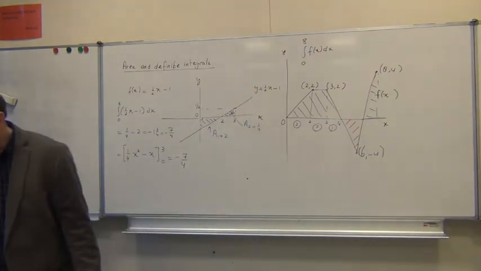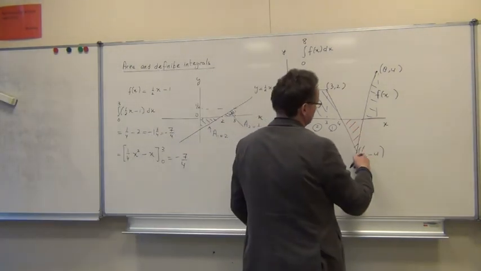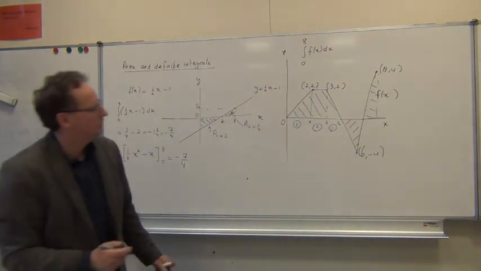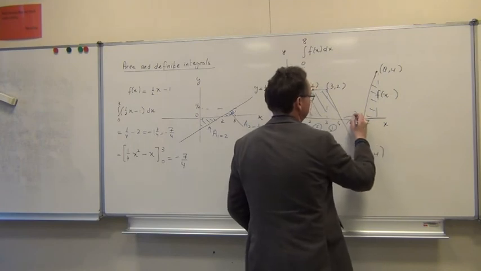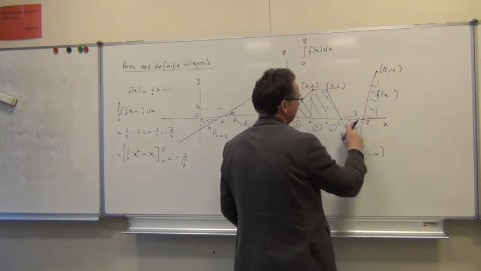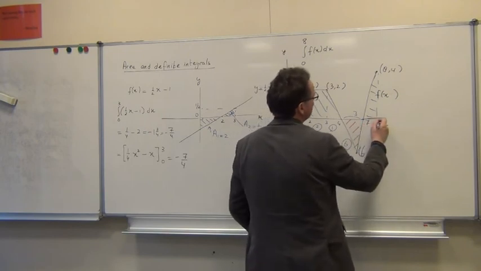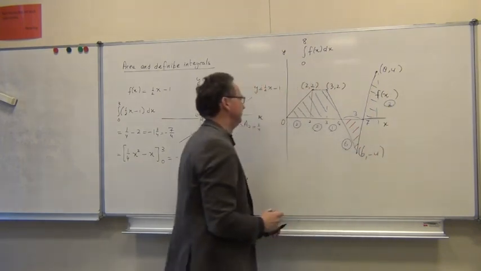So that adds up to 5. And then we have a triangle here. This is intersecting the x-axis at 7. So we have base 3 and height 4. 3 times 4 is 12, divided by 2, so that will be an area of 6. And this one we go 1 to the side and 4 up, so that's an area of 2.